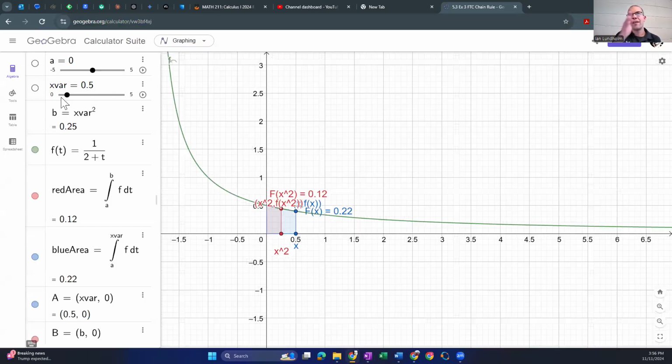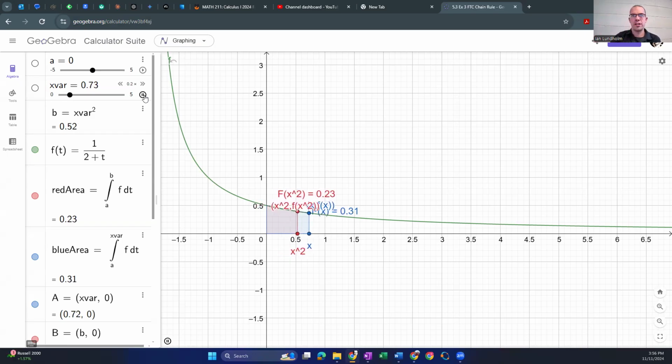As we change that variable x right-hand endpoint, right now it's a half, so x is at a half and x squared is at 1/4.